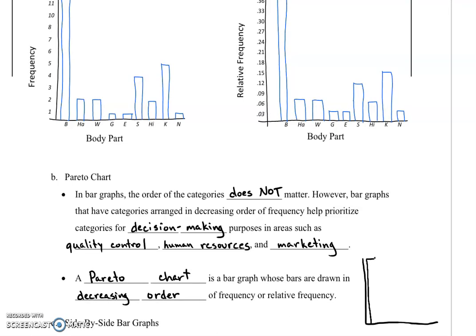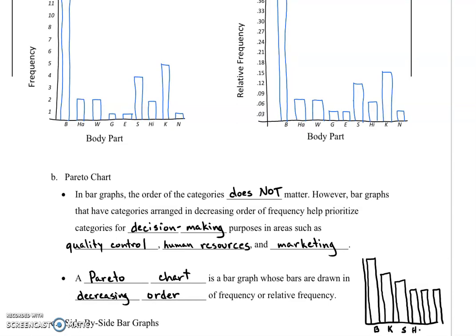It would be back first because it's the tallest. Then we would have the knee because it's the next tallest. Then the shoulder. And then hand, hip, and wrist are all the next tallest.